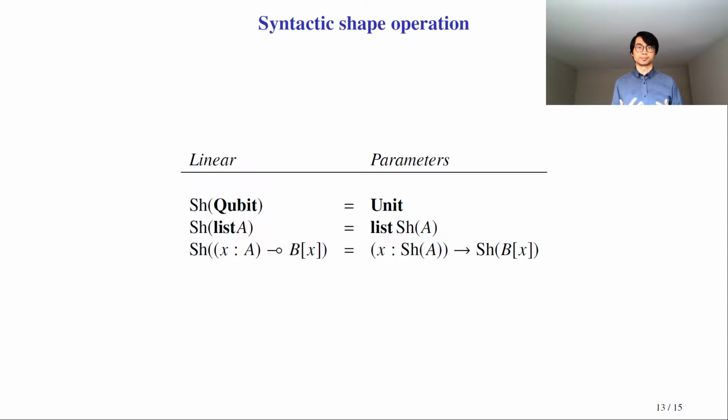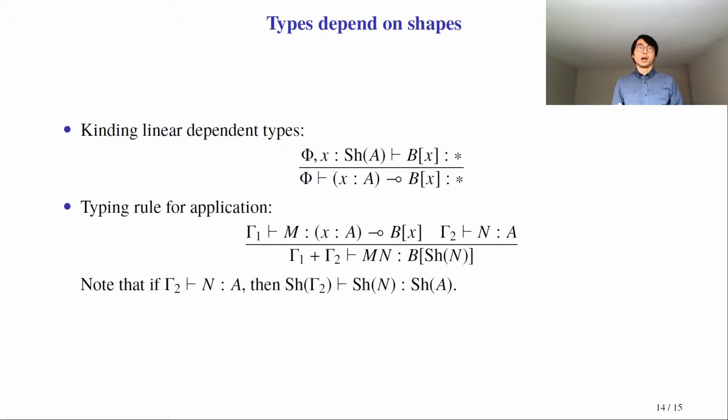Now, let's see what our type system looks like once we incorporate the shape operation. If we look at this kinding rule for the linear function type, we first take the shape of A and add that to the context.